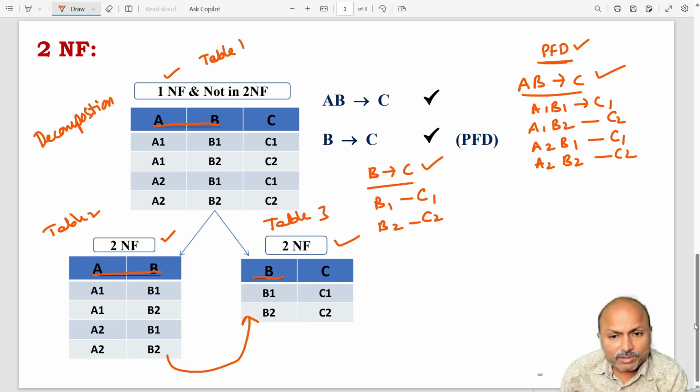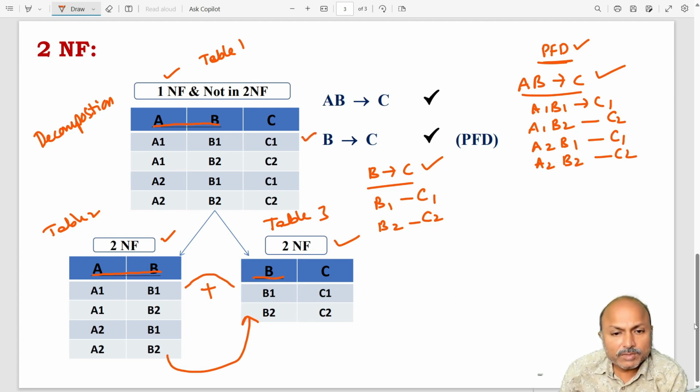And we need to check also, if you combine these two, whether you are getting the original table or not. That is nothing but a lossless decomposition. Suppose A1 B1 C1, A1 B1 C1, suppose you consider like this, then what you will get?